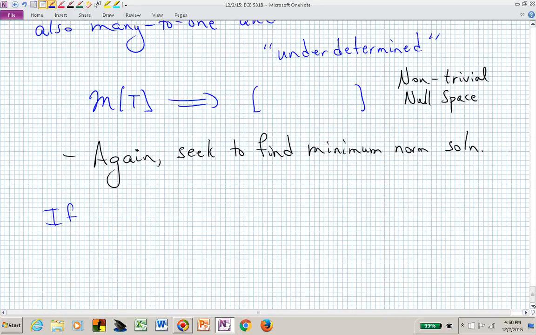We can actually look at the case where it's overdetermined, where we have more measurements than we have unknowns. If capital M is greater than N, then the measurement system is overdetermined.